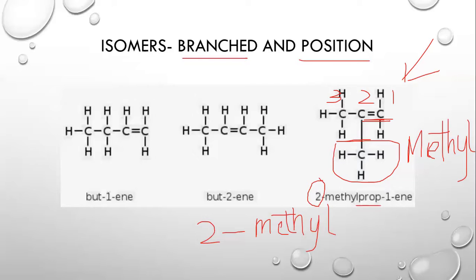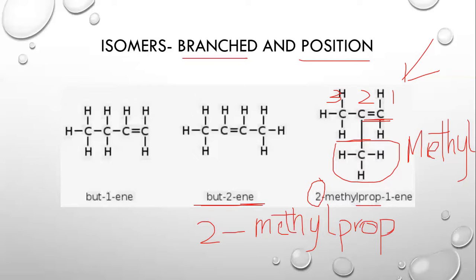The longest carbon chain, if we were doing the isomers of alkanes, then the name would come like propane. However, as we also have a functional group in alkenes, we are going to divide this propane or propene into two parts, just as we were doing in the position isomers, and we're going to write prop as the longest carbon chain.